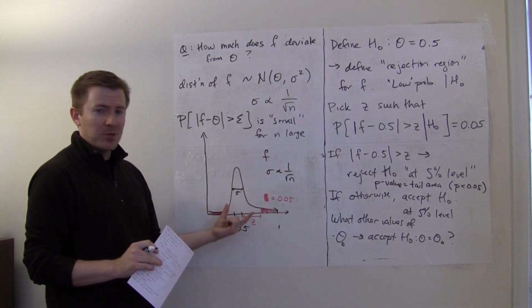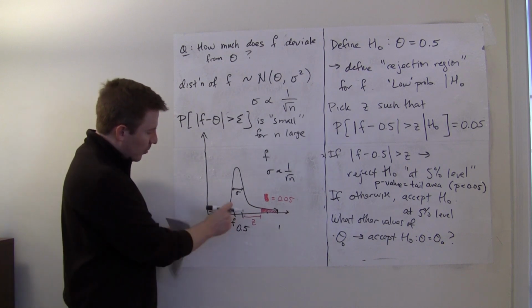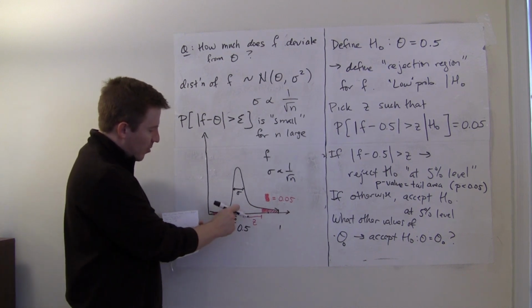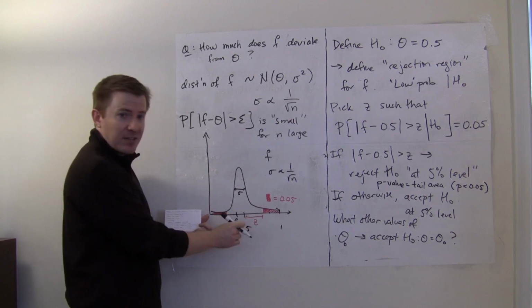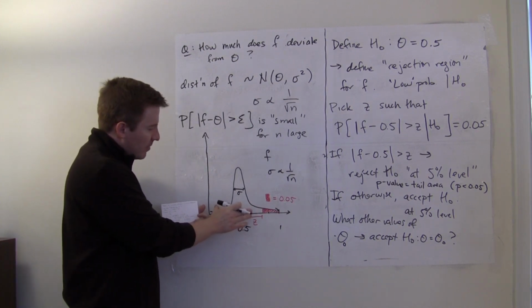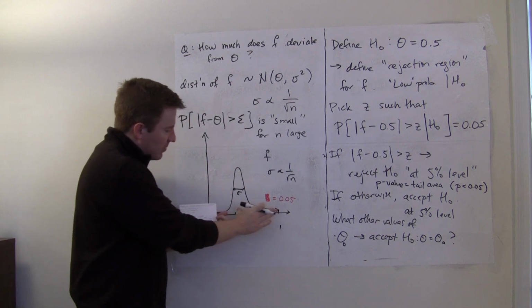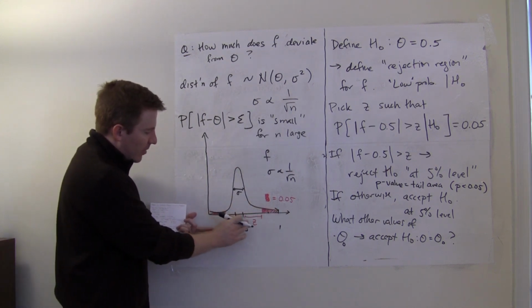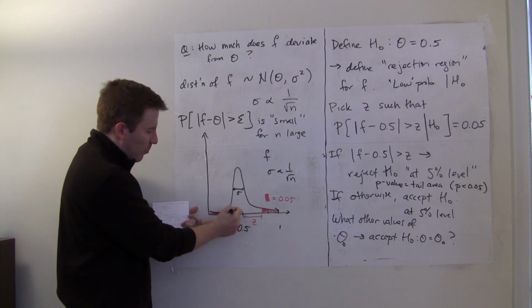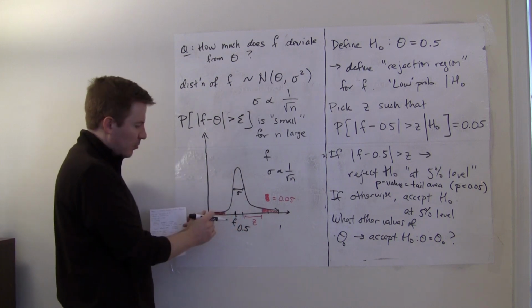Basically, what that amounts to in this very simple setup, where theta is just the mean of the distribution, is that we didn't reject the hypothesis here because f fell in the bulk of the distribution, assuming that it was centered around 0.5. So now imagine shifting that distribution up and down and finding all of the values of theta for which we would not reject given this particular realized value of f.